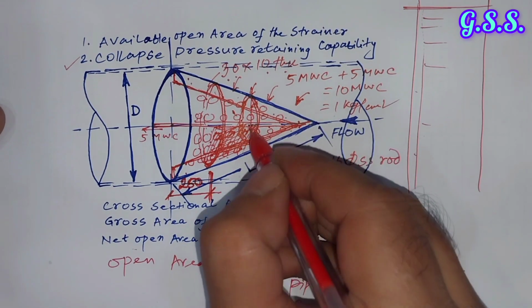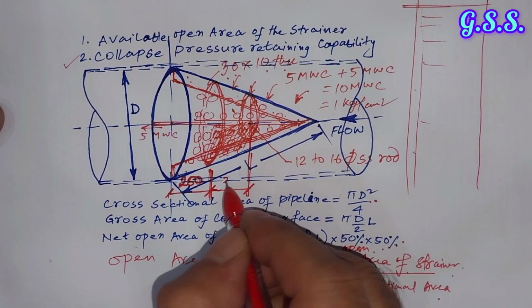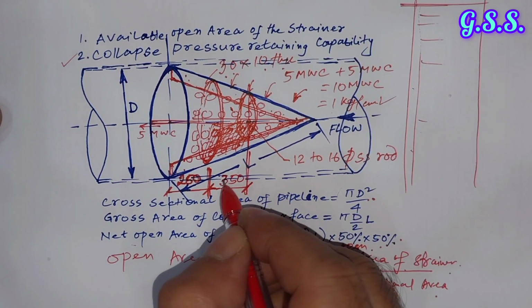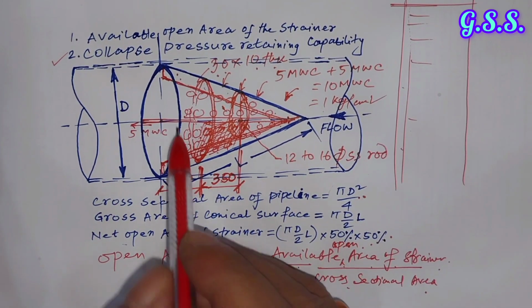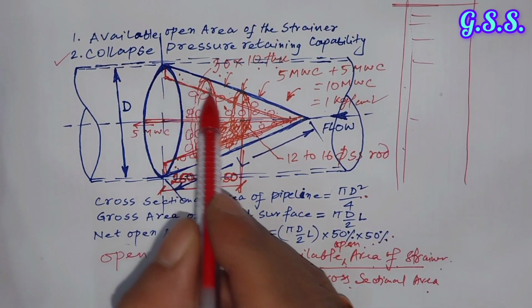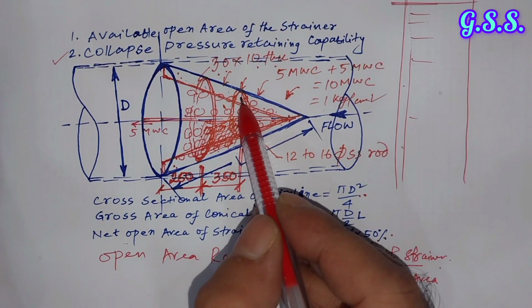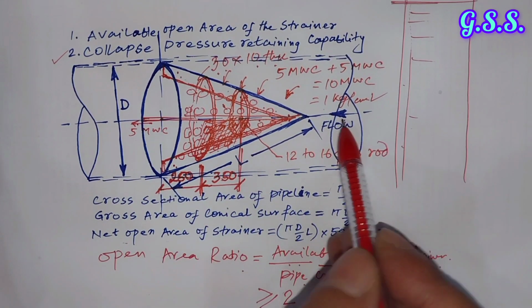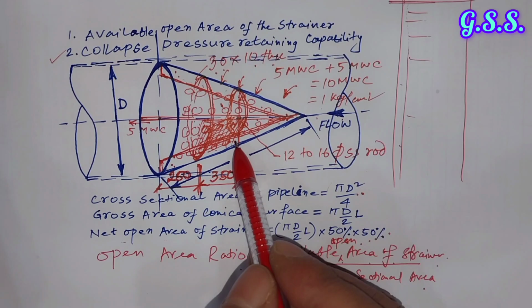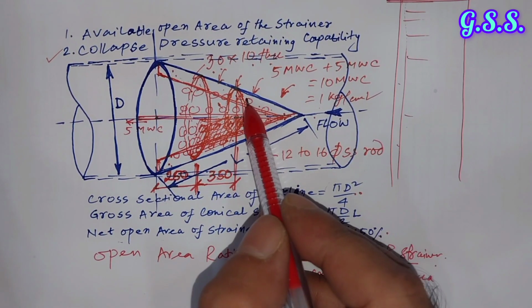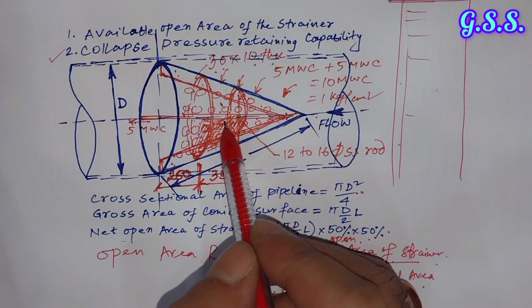Then next stiffener ring at a distance of about say 350 millimeter, like that. If we provide this type of 4 stiffener flats and 1 or 2 stiffener rings depending on strainer length, then at 100% clogged condition also, this strainer will be capable to withstand the collapse pressure.